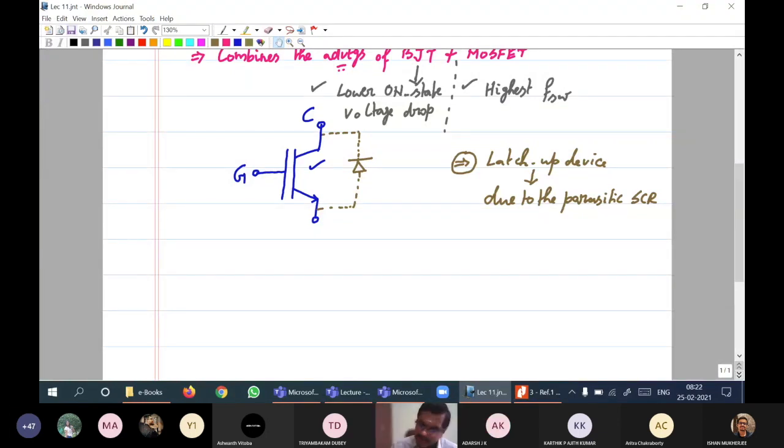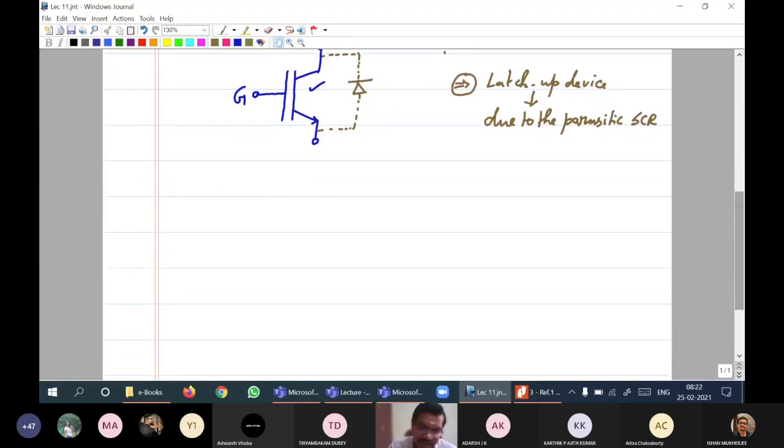All right, next comes the VI characteristics of an IGBT. So that is again going to be very similar to that of a power MOSFET. Steady state VI characteristics.